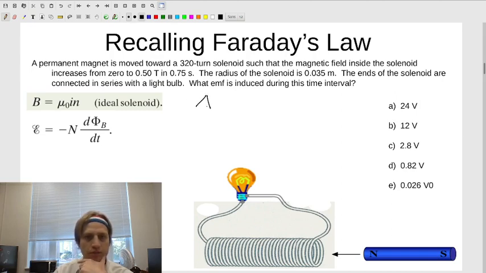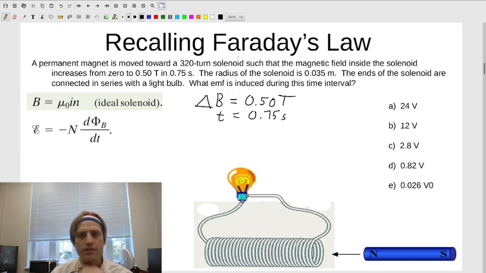So the change in the magnetic field is 0.50 Tesla. That's very important because remember, it's not the size of the magnetic field but the amount that it changes that induces a voltage, in 0.75 seconds. So our time here is 0.75 seconds.